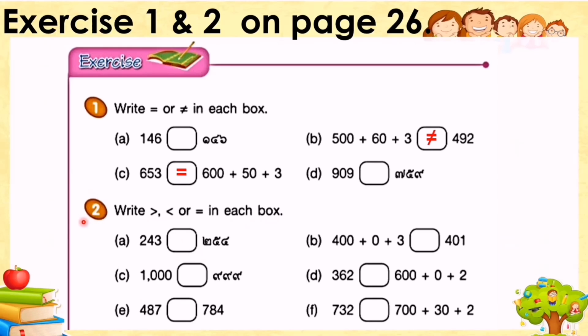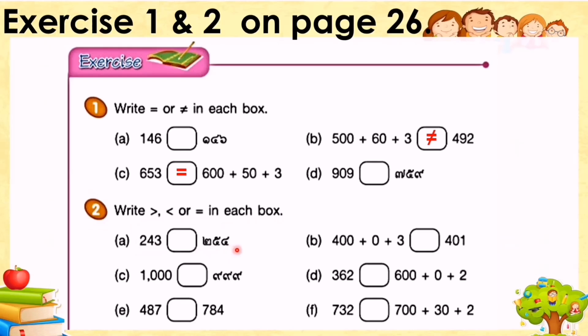Next, number 2. You will write also the more than symbol, less than symbol, or equal symbol in each box. So letter A, 243 and this number. If this is 254, you will compare it to 243.